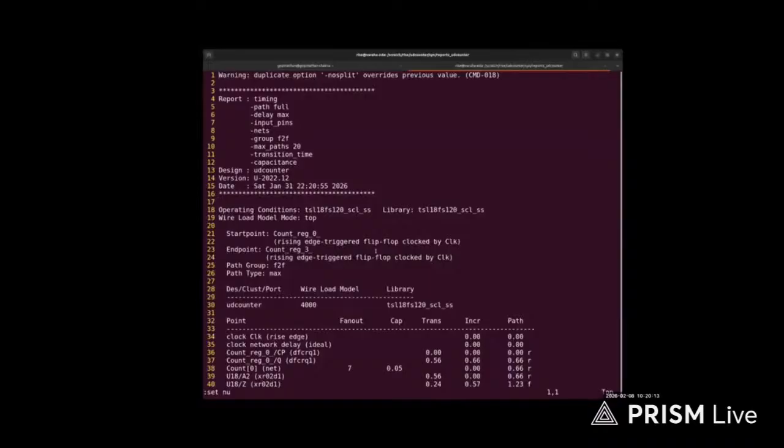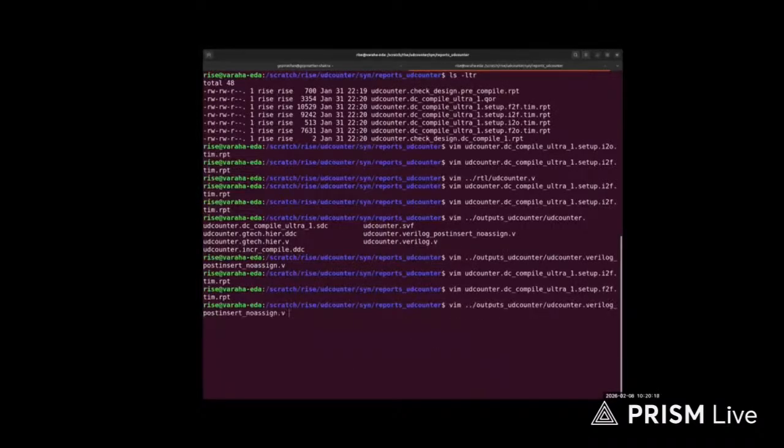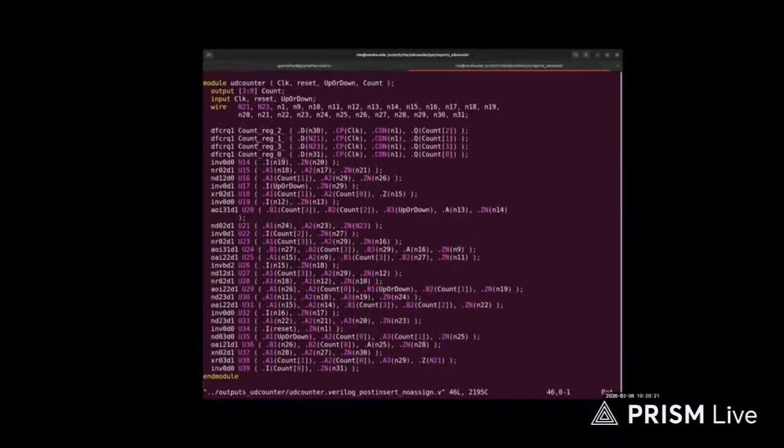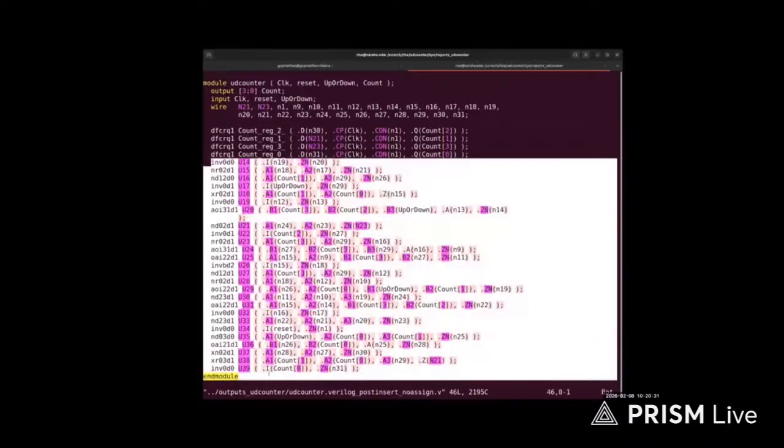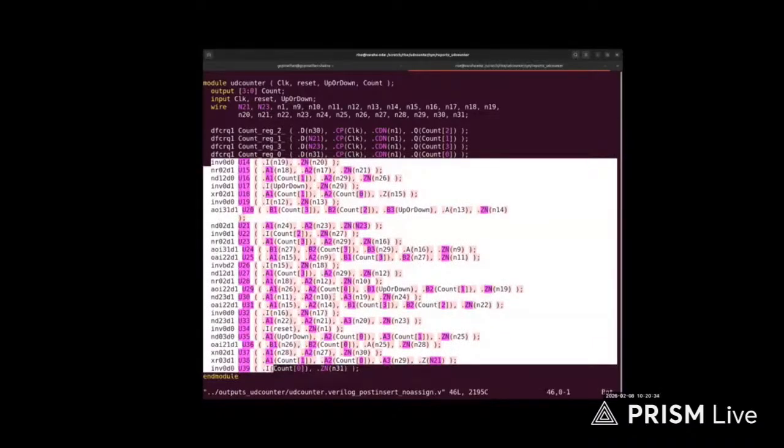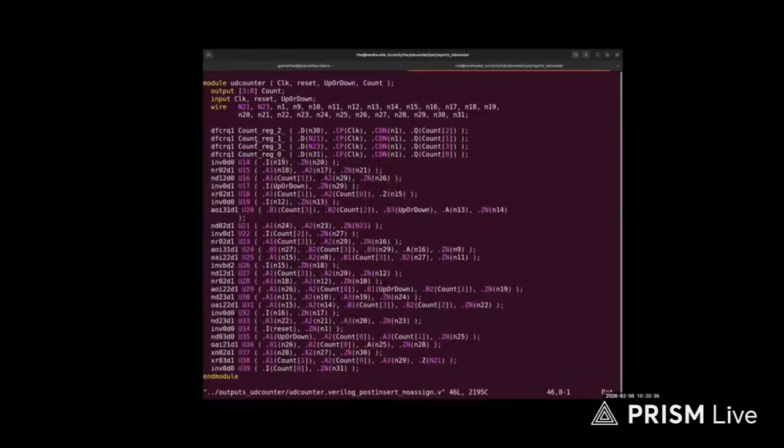Let me open the netlist and give you this view. See, count reg 2, count reg 1, count reg 3, count reg 0 are the flops, and these many combinational cells are there. Now we are finding the path between one flop and another flop. Among these 4 flip-flops, we are going to find out which paths are there.